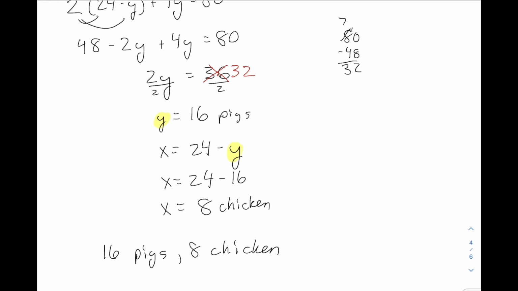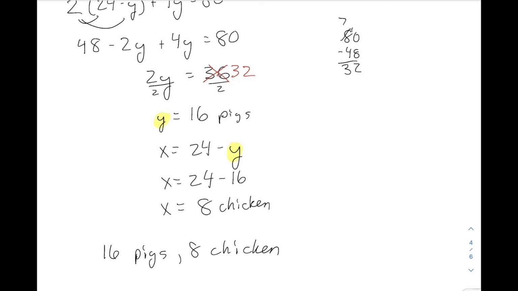Thinking through Polya's problem solving, we had to understand what chickens and pigs are. We had to come up with a plan. There were lots of different plans here that we followed, and we worked them through to the end. And our answer is reasonable. If I had gotten 57 pigs, that wouldn't be reasonable because I only have 24 heads. So that would have been a problem. So we can see that it's a reasonable answer.